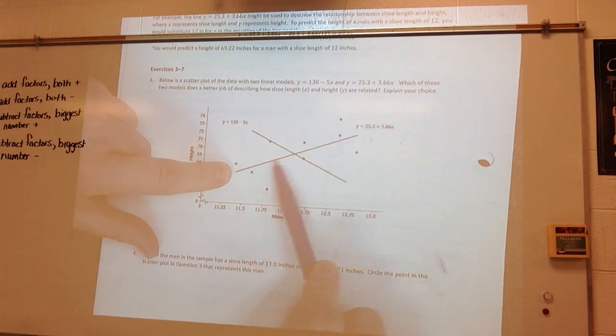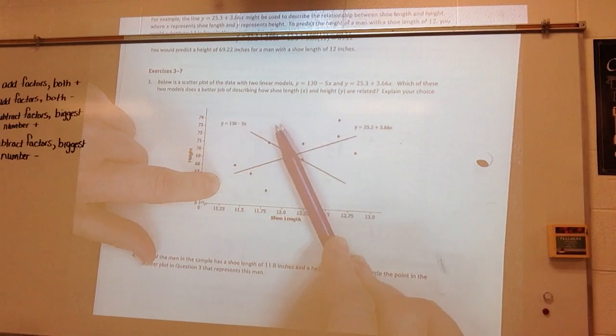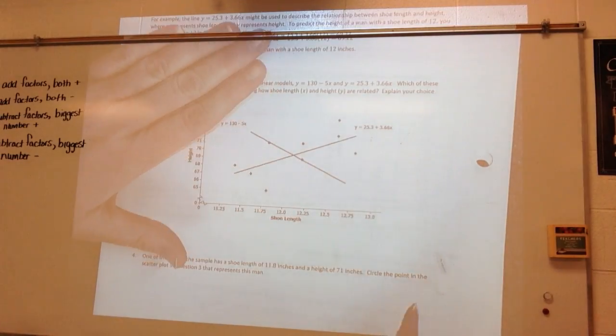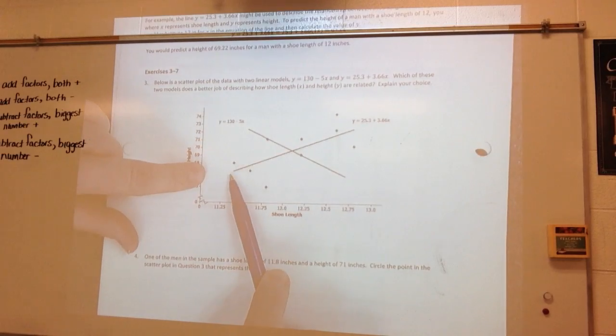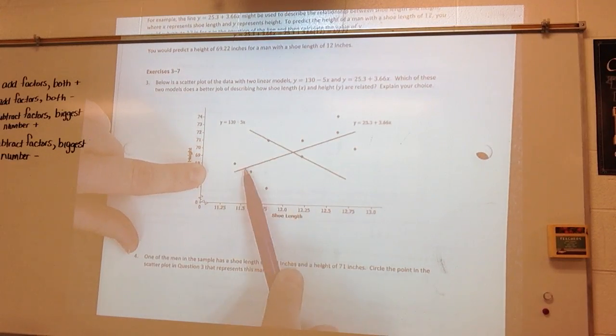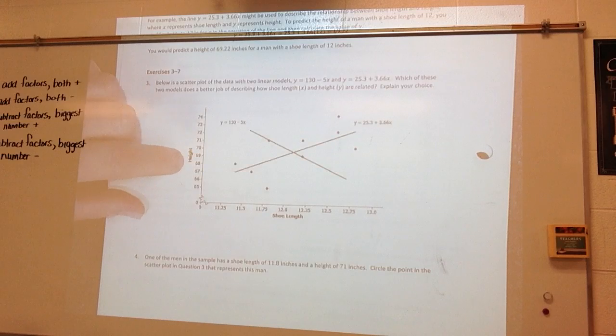This line here fits better because it is closer to the majority of the points, and it represents the fact that as the shoe length increases, so does the height.